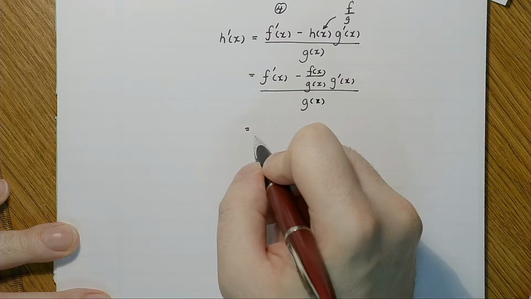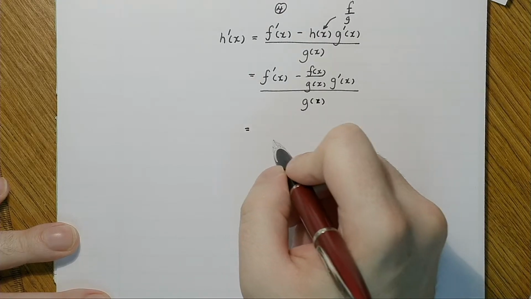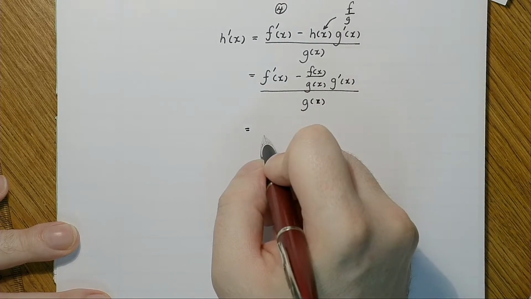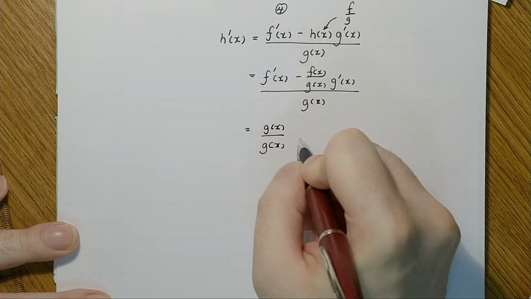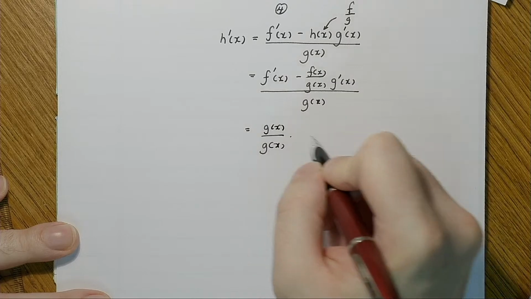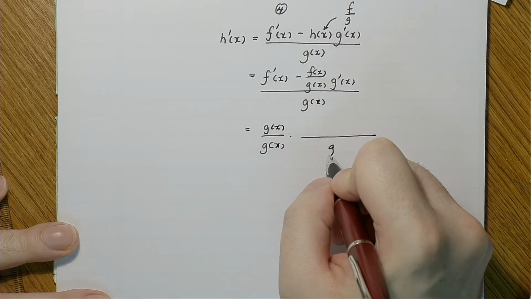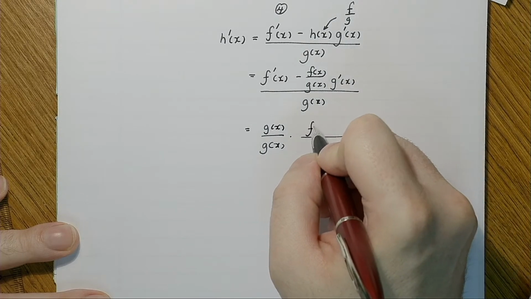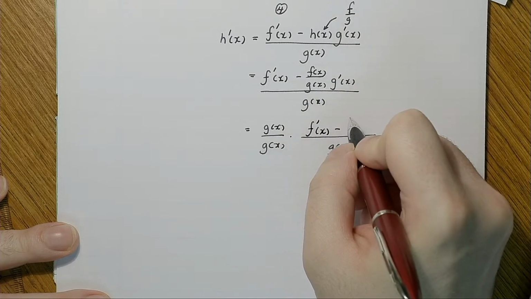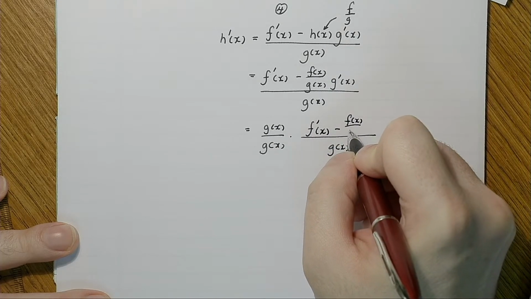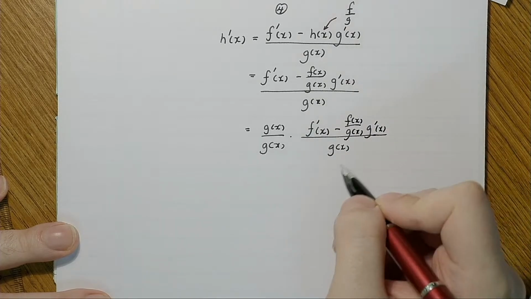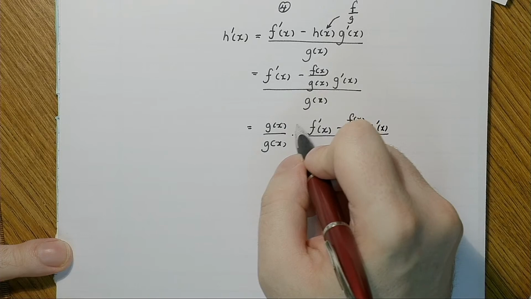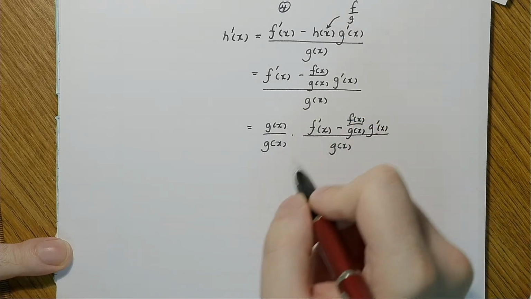And what I'm going to do is multiply the top and bottom by g of x. So I got g of x here. So again, I'm multiplying by 1, essentially. Okay, and now, again, this is being applied to each individual term.